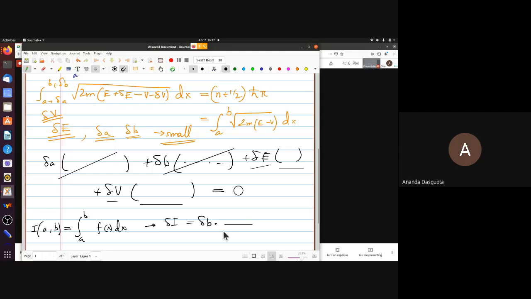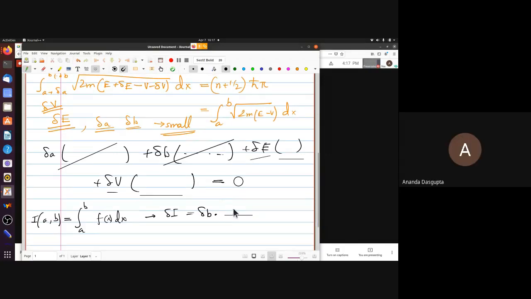Elementary calculus. Yeah. Functional value at B. Value of the function F, the integrand, at the end point, right? Well, this is straightforward, right? Everybody knows, you should know this result. If you don't, at least the proof is trivial.